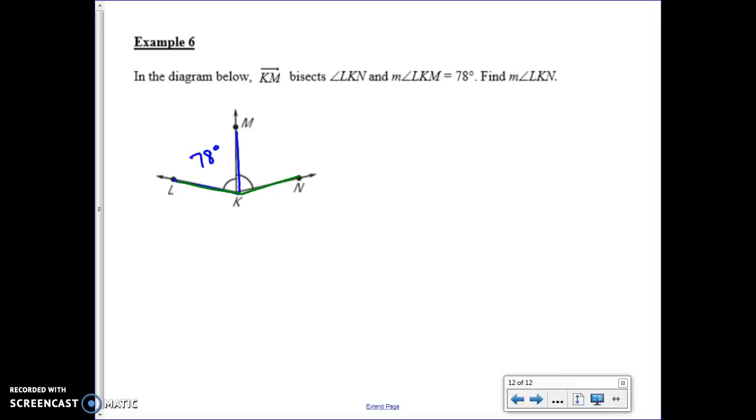Well, if I know that this side is 78 degrees, then I know that this side also has to be 78 degrees because I see these arcs that tell me that. So then I just have to do 78 plus 78 to get my answer, and I get 156 degrees. So the measure of angle LKN is 156 degrees.